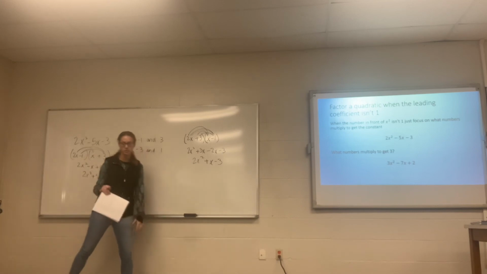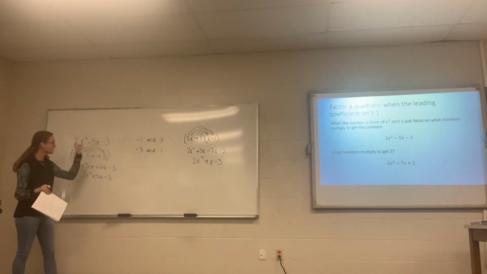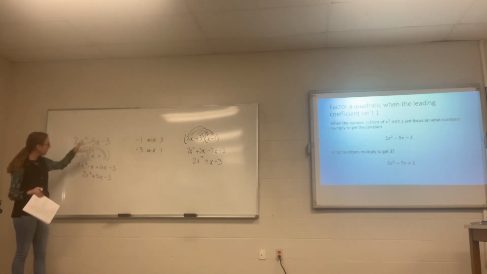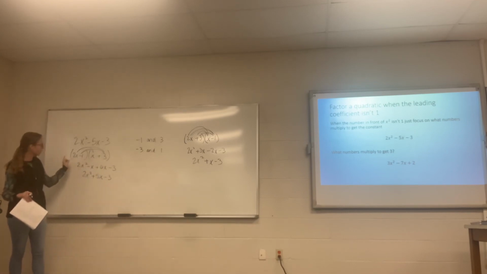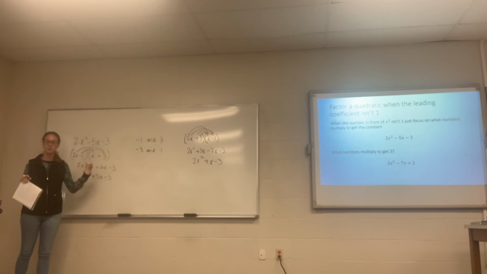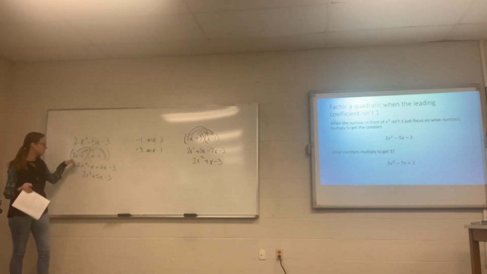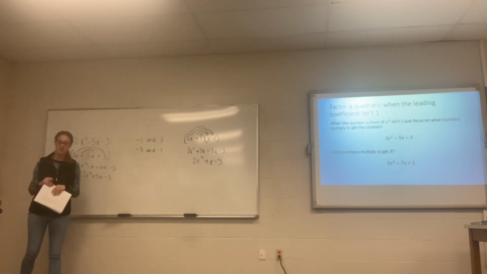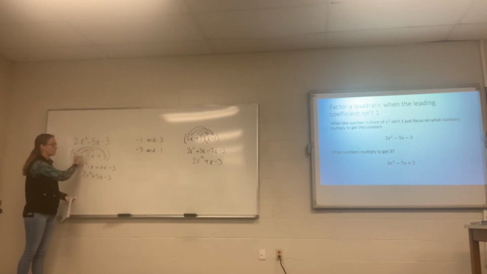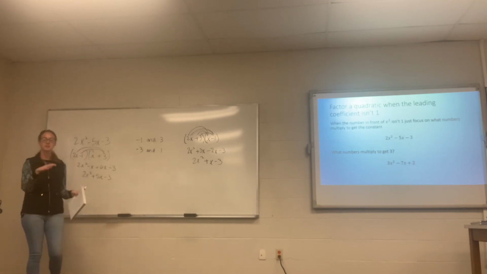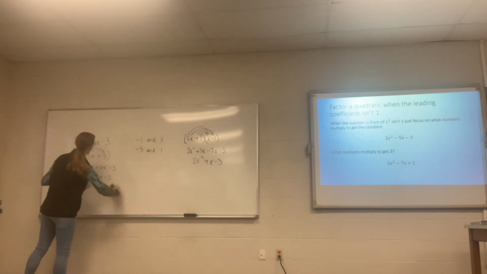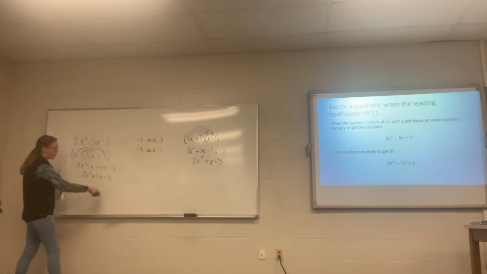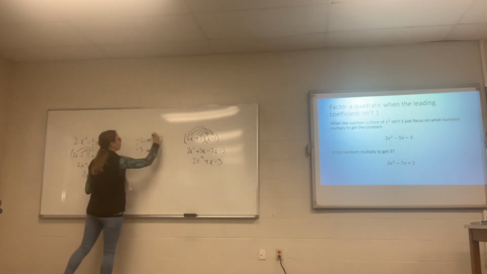So if you're trying to get more x terms for your middle term, put the larger number across from your x with the leading coefficient, so the 2x and the 3 in opposite sets of parentheses. That's going to give me more of my x term, which is what I need. Okay, so that's kind of a hint. We know that neither of these worked, so it's not going to be that.